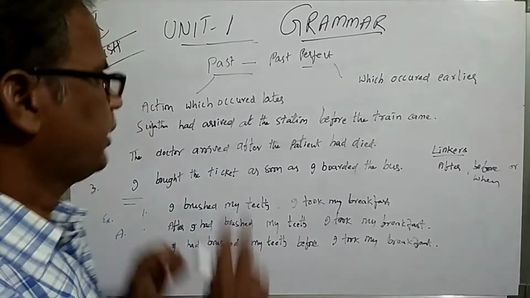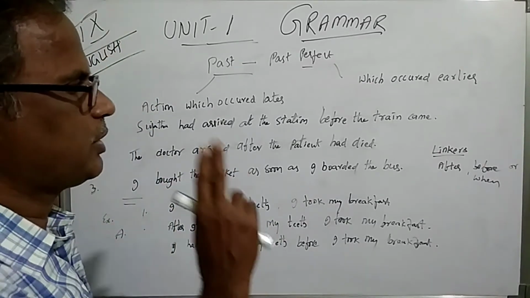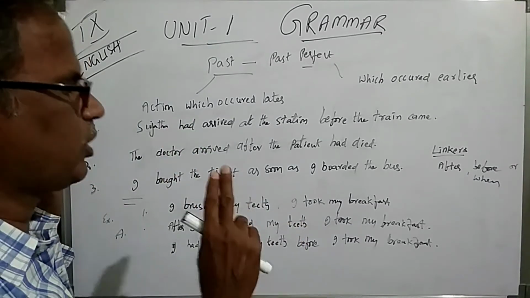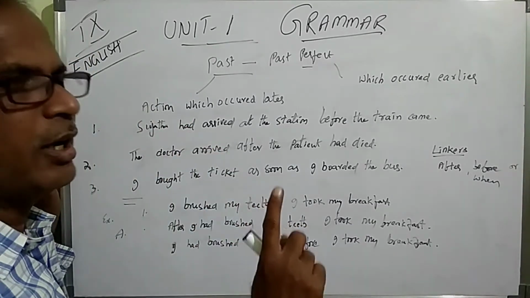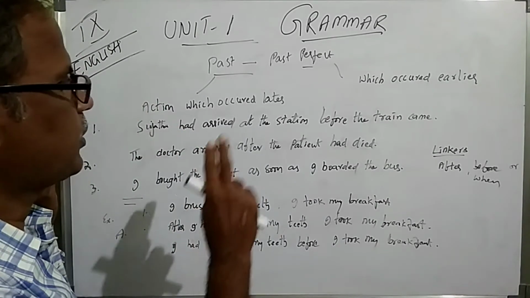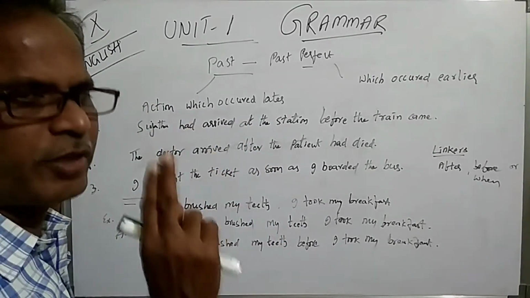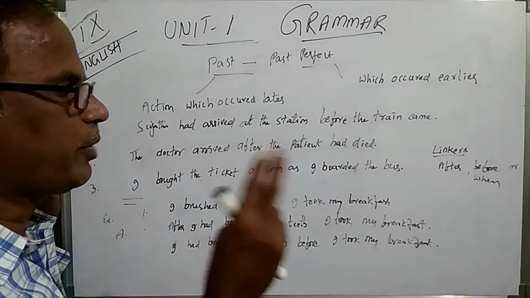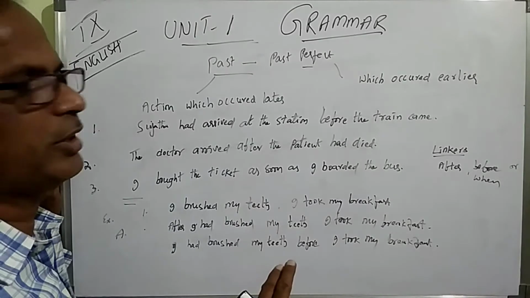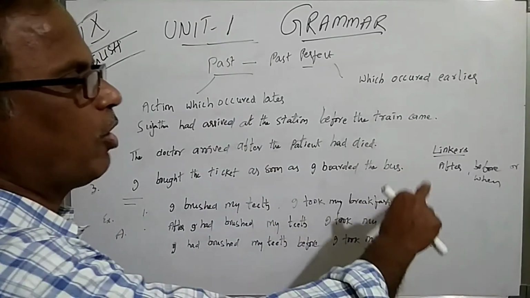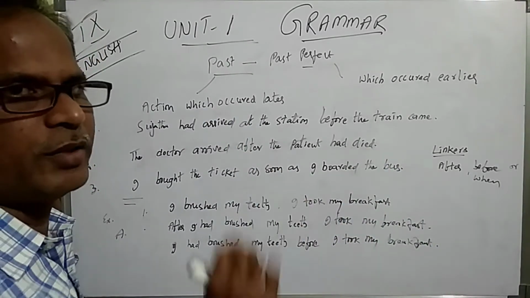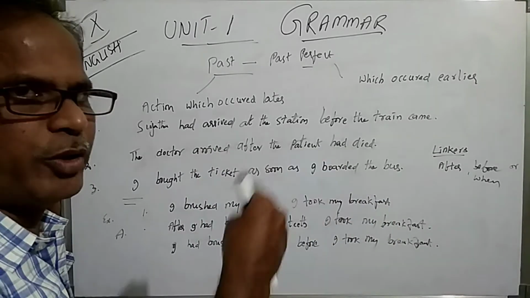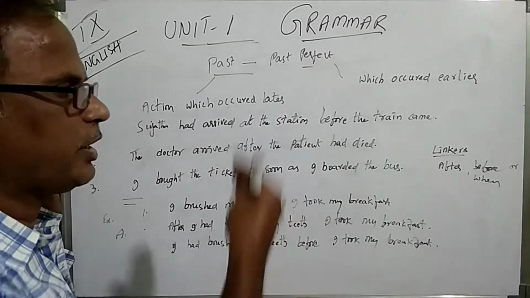I repeat, in this grammar, two past incidents are given as two separate full-stop sentences. These two separate sentences are connected with after, before, or when. Using a linker, we connect the two different sentences.